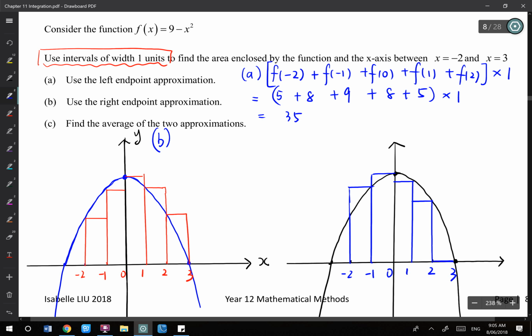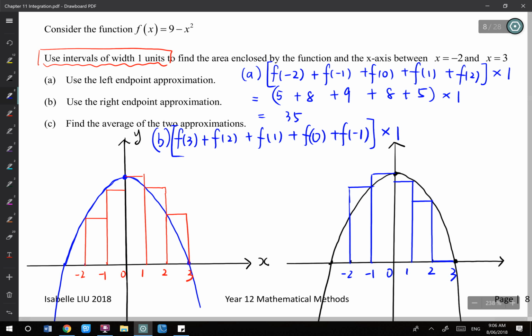But B goes right hand side: f(3) plus f(2) plus f(1) plus f(0) plus f(-1). Still 5 values, but you have the most right hand side point and not the most left hand side point. That's why I said you don't need to sketch a graph at all. You just start from left or right, and the x value increases by the interval width.